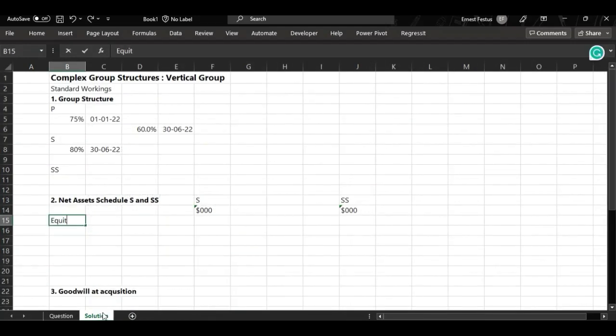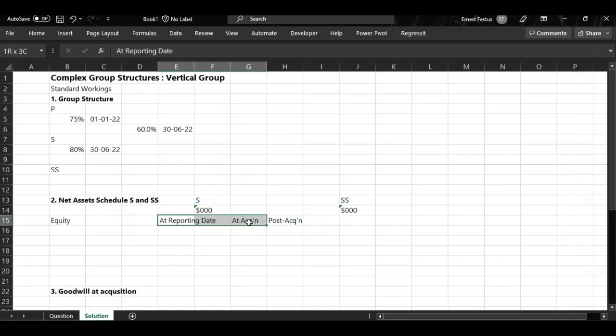So we have equity capital, and then we will have at reporting date, at acquisition, and then we also have the post acquisition. The same thing applies to all of them.